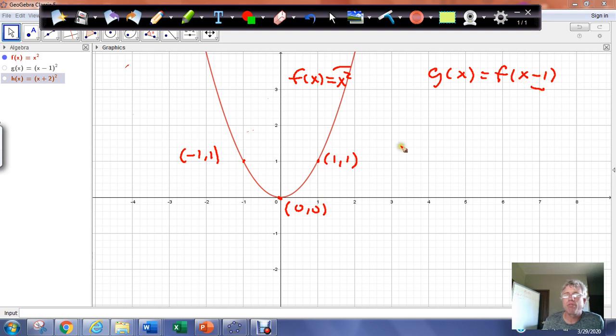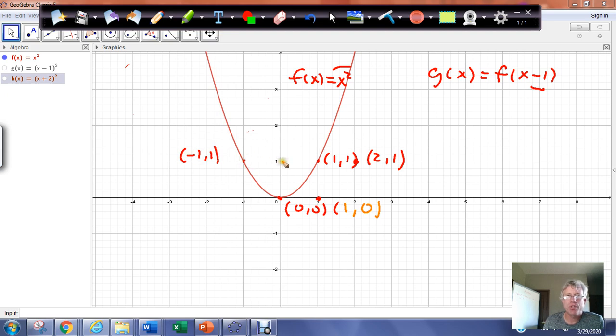Subtracting 1 from the input variable is going to slide the entire graph over 1 unit. So it slides this 1 over to 2. The output stays the same. The 0 slides over to the 1. The output stays the same. Whoops, I grabbed the color I don't like.